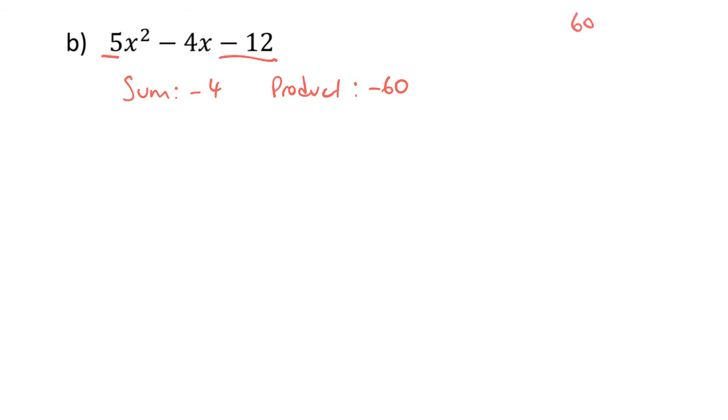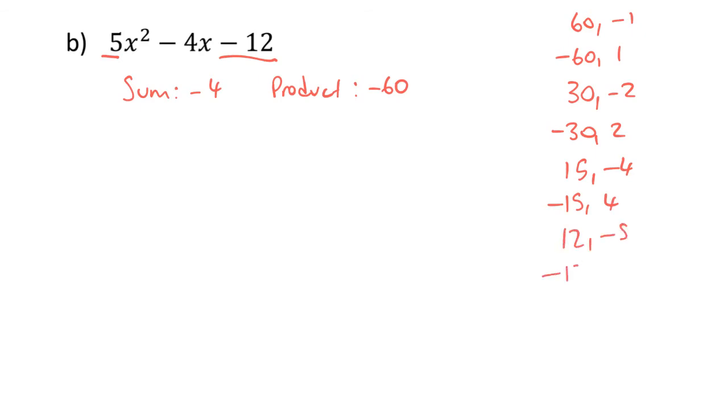So you've got 60 and minus 1, or minus 60 and 1, 30 and minus 2, minus 30 and 2, 15 and minus 4, minus 15 and 4, 12 and minus 5, minus 12 and 5, and minus 6 and 10, and minus 10 and 6.